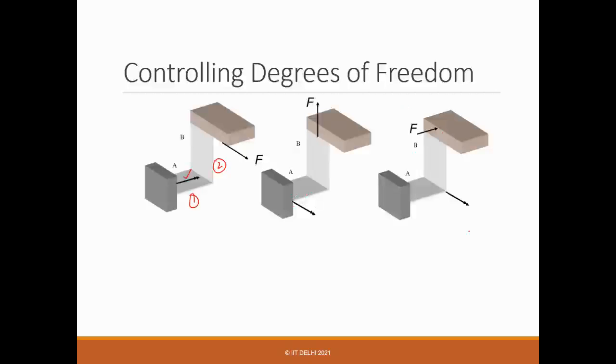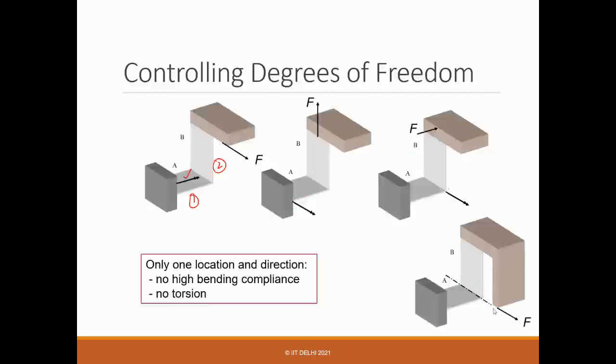For this force, both can bend. But what happens if you apply a force which passes through the axis of the bend? Along this direction, it can constrain the translation. So it has only one location and direction, no bending, no torsion. Okay.